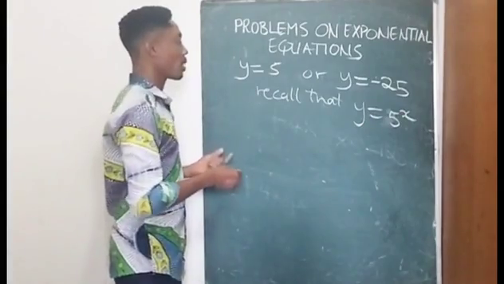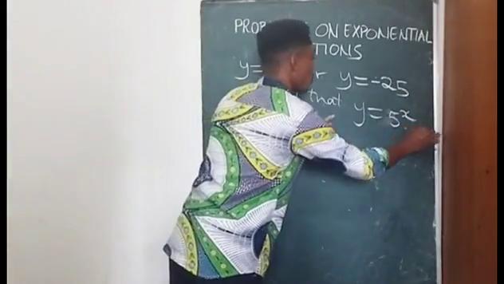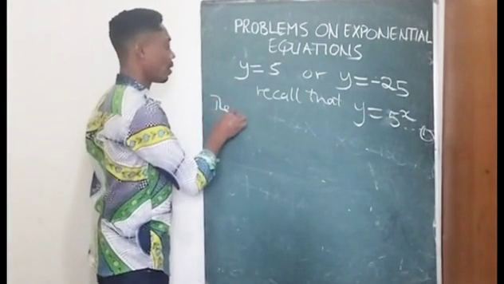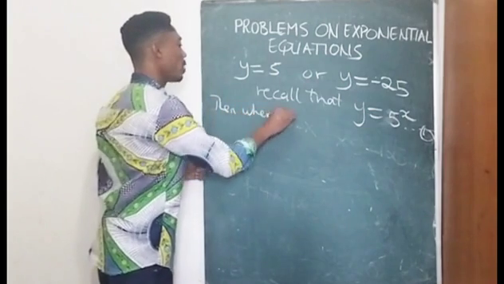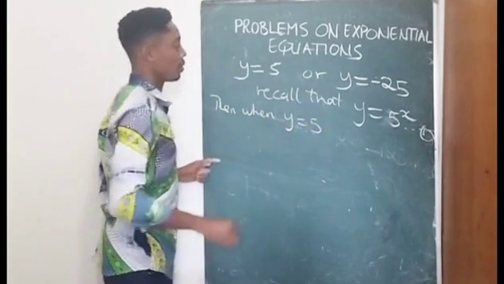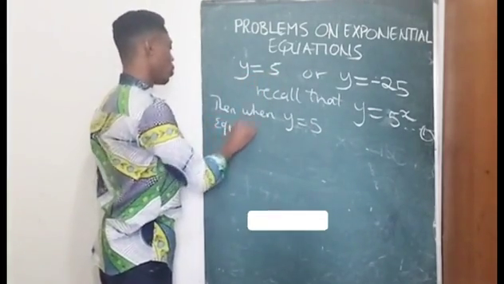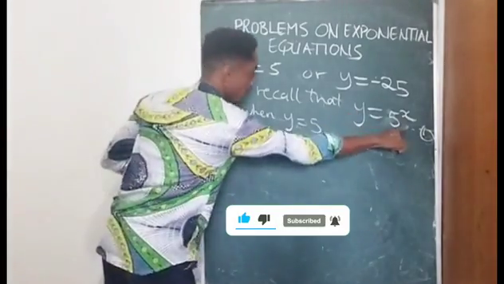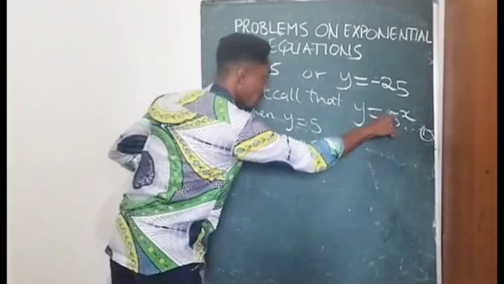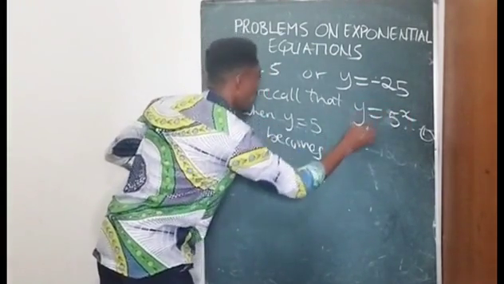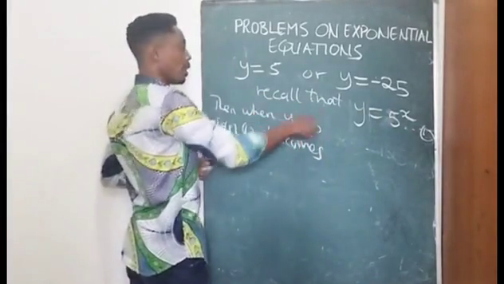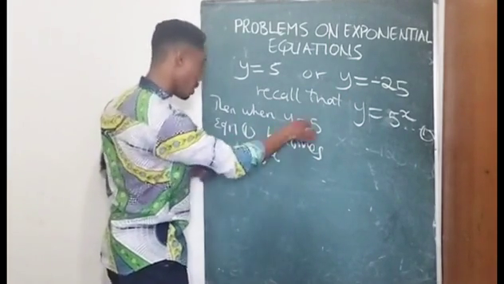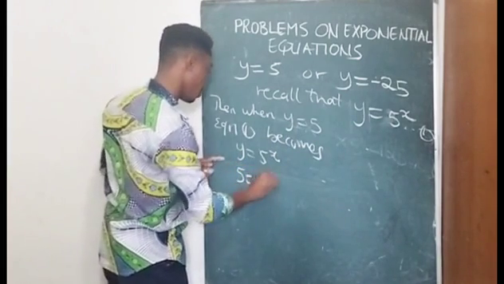So if y equals 5 raised to power x, remember equation 1, then when y equals 5, equation 1 becomes 5 equals 5 raised to power x, where in place of y I put 5.